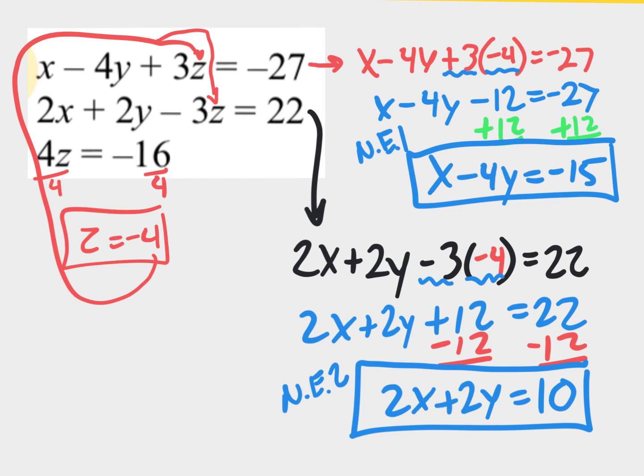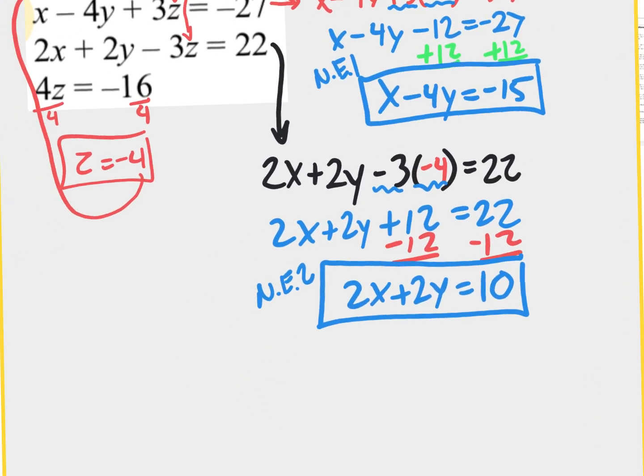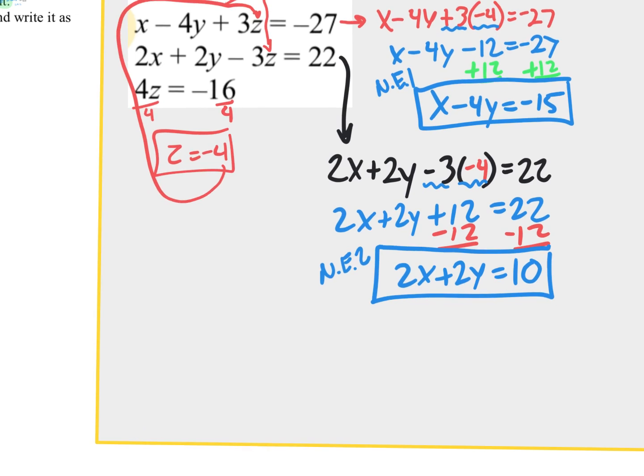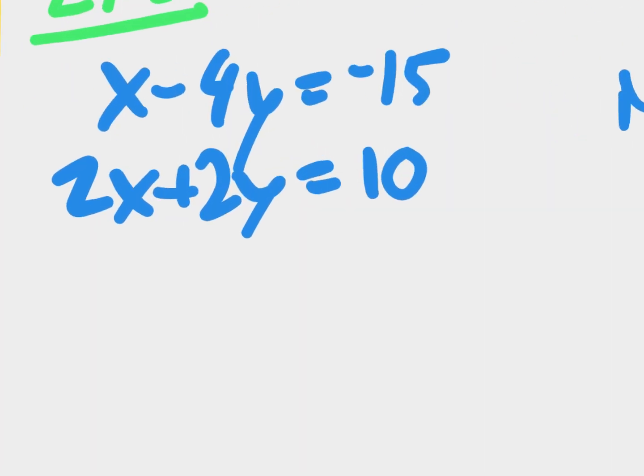Now we could actually put both of these two-variable equations together to write a new 2x2 system. So here's my new 2x2 system right below that. It'll be x minus 4y equals negative 15. And we have 2x plus 2y equals 10. So we could focus in on that.